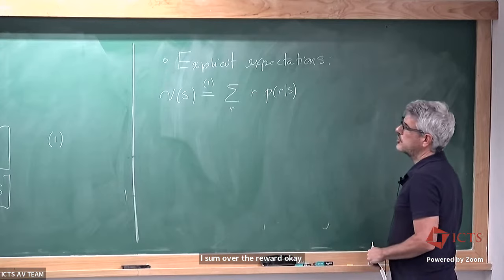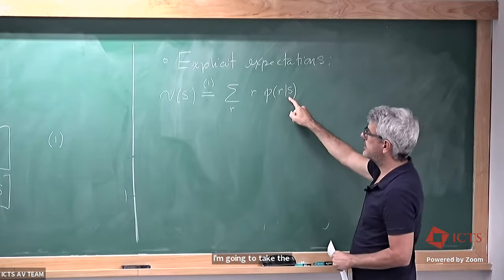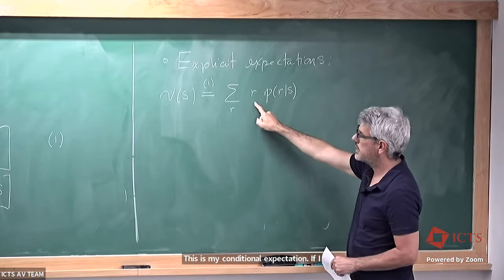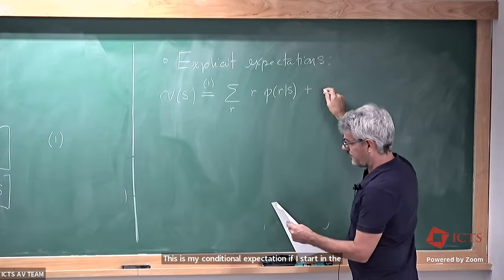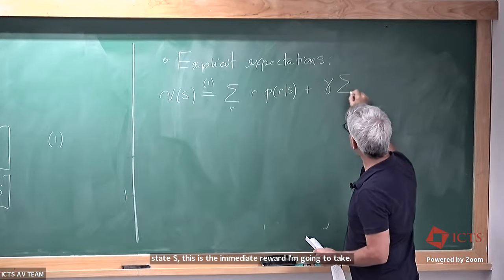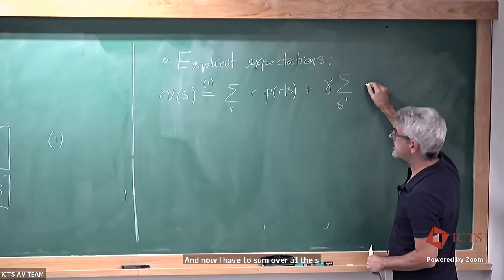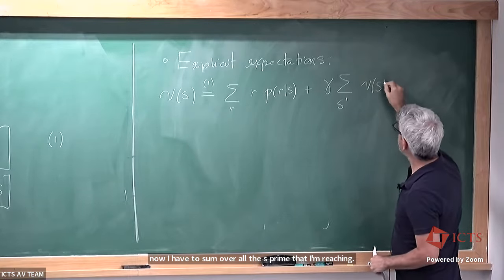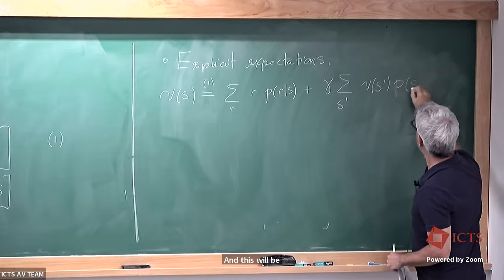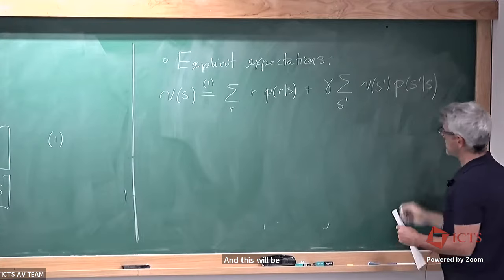This is my conditional expectation if I start in the state S. This is the immediate reward I'm going to take, plus gamma. And now I have to sum over all the S prime that I'm reaching. And this will be the value at the S prime that I'm reaching, like this.